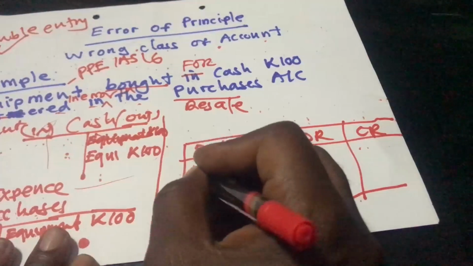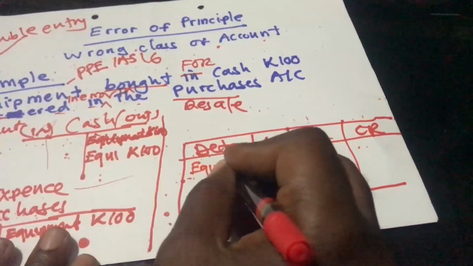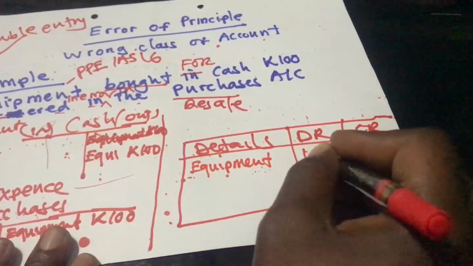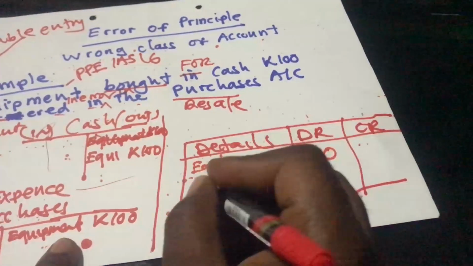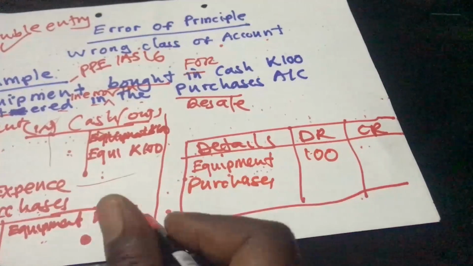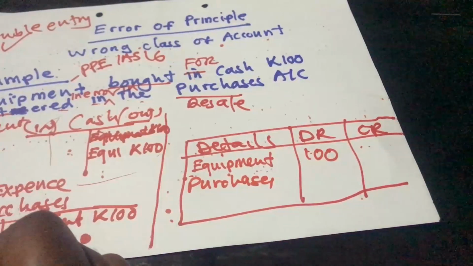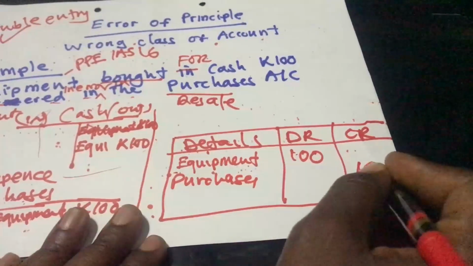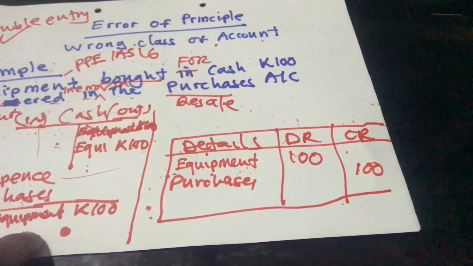So of course you start with the debit. So I'm going to start with equipment. So equipment was not recorded, so I'll record it. And then in the purchases, there was an error because there was 100 kwacha which was wrongly posted on the debit. So I need to credit it so that it becomes 0.